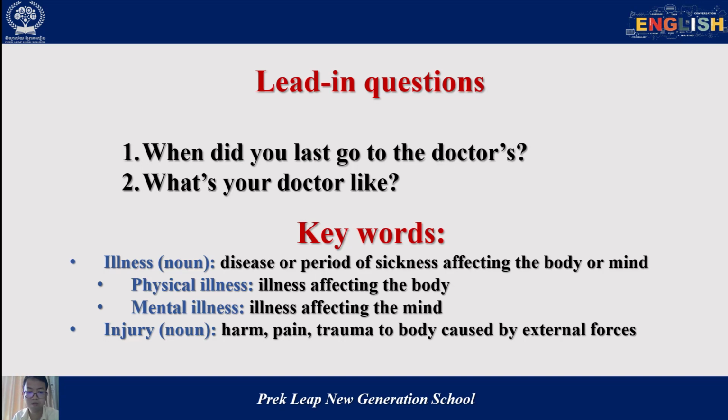Physical illness refers to a disease that affects your body, while mental illness is a disease affecting your mind or emotion. You can read more on the slide. Okay, so let's move on.